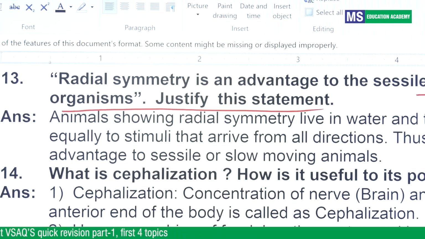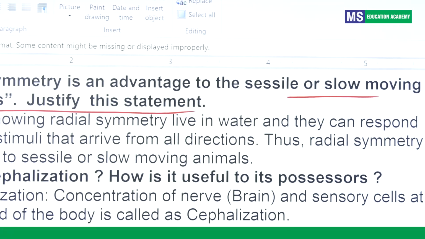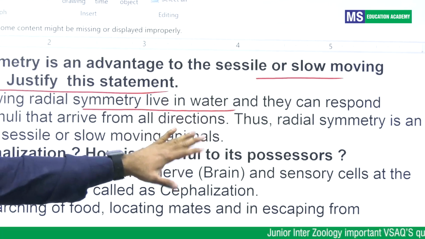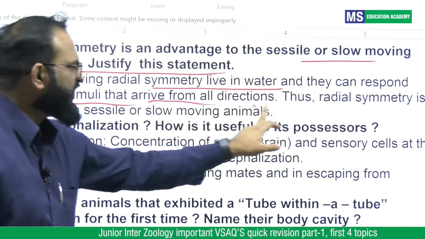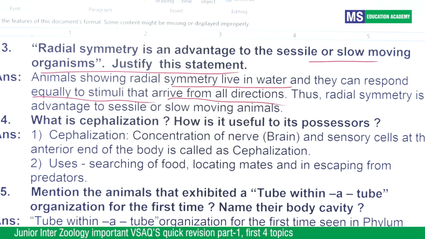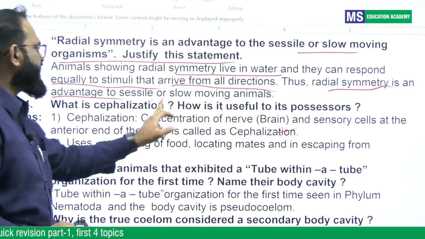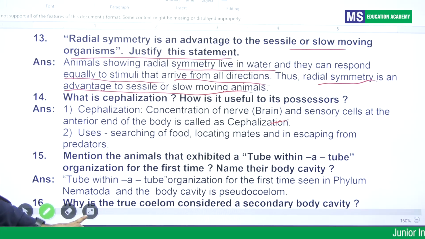So how is this helpful to them? We need to understand the question first. Animals showing radial symmetry live in water. They can respond equally to stimuli that arrive from all the directions. Thus radial symmetry is an advantage to sessile or slow moving animals.